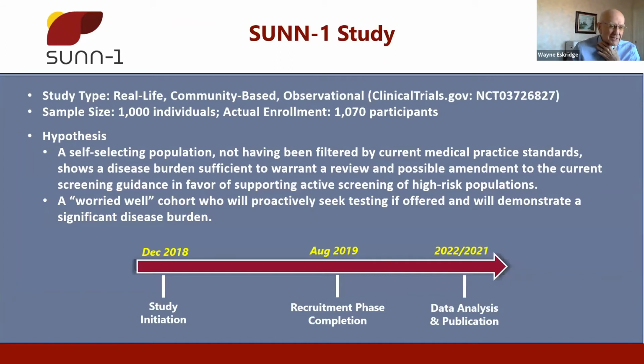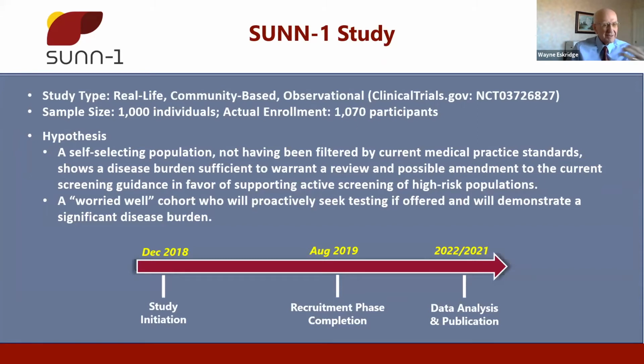So the first part of the Sun study we started in 2018, and in that we took a FibroScan out into the community. So this is different from what is typically done, which is that the patient goes to the doctor and the doctor does stuff to them. And we said, the doctor's not doing these things, is not looking for these diseases.